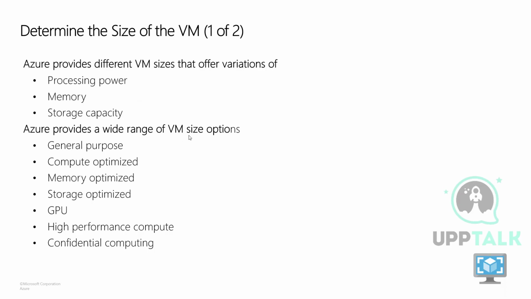If you look at your VM size option, the first thing I have noticed is that I will always prefer to begin with general purpose, where I don't have much clarity about the underlying environment, what type of resource to create, whether the workload is memory intensive or storage intensive.